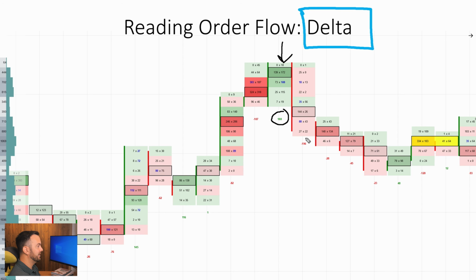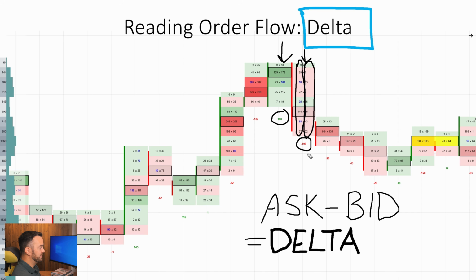If delta is negative, like in here, then in this footprint, it means that sellers were in control, right? Delta is ask, that's the sum of those volumes, minus bid, that's the sum of those volumes. And my software prints the delta below each footprint. So in each footprint you can tell who was in control, buyers or sellers.